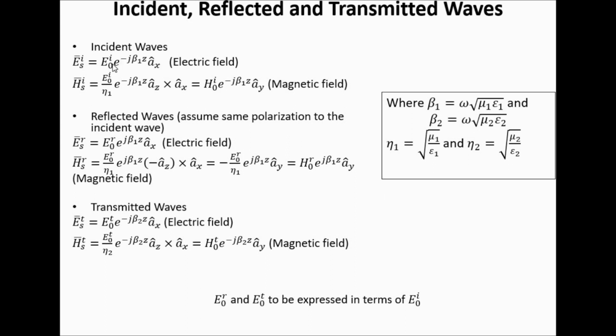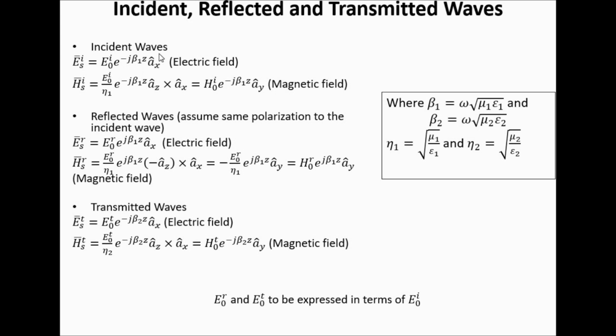Here let us assume we have an incident wave for electric field. We use Es in frequency domain and I is for incident. So E_sI has a magnitude E0I, and the phase constant beta 1, e to the power minus j beta 1 z ax.